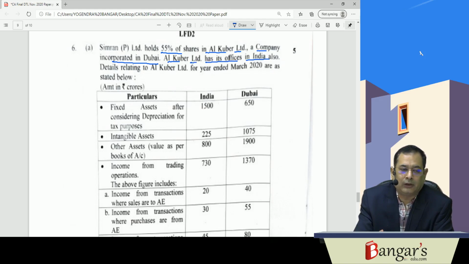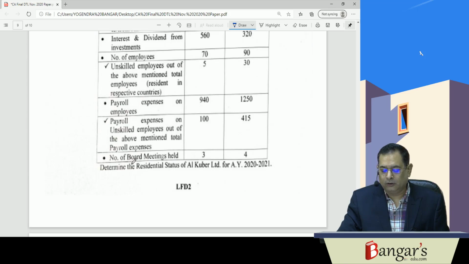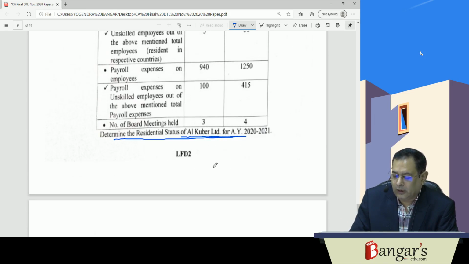Details relating to the assets and other information of this company for the year ended March 20 have been stated below. In this case, we are required to determine the residential status of this Al Kuber Limited.